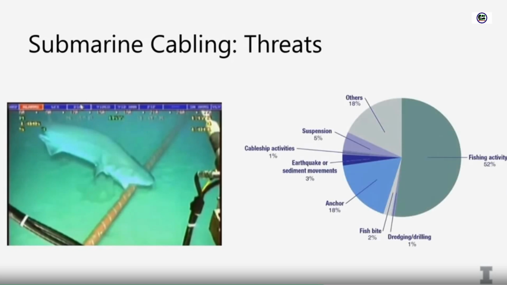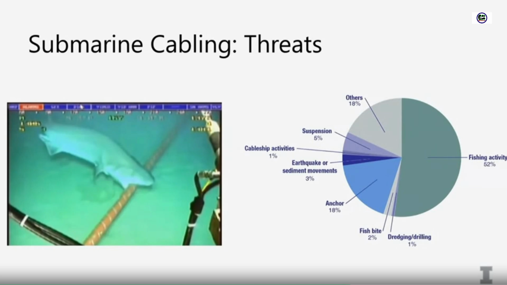If you do look at a breakdown of the most common threats to cable, I'm showing that here as a pie chart, you can see there's a lot of different kinds of threats to undersea cable. There's things like dropping anchor, earthquakes, things like that. The biggest threat nowadays is fishing activity, these kind of trawling operations that are performed, followed by things like anchors for ships and ships interfering with the cable and so on.